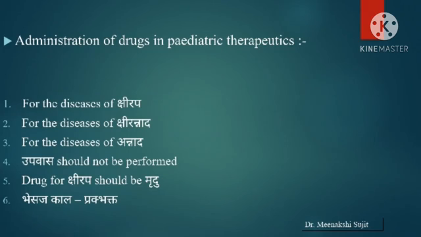And Upavasa should not be performed. Upavasa means Langhana. Langhana is purely contraindicated in children because they can't tolerate the Langhana procedure. And drugs for Kshirapa should be Mrudu, as Kshirapa children are very sensitive in nature, so the administration of drugs should be Mrudu in nature.